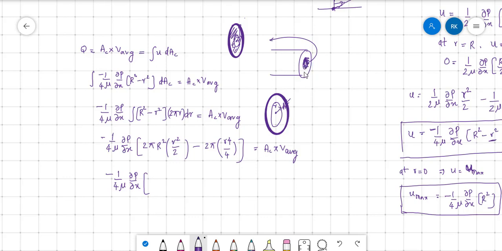From center to wall. Center means r is equal to 0, and wall means r is equal to capital R. So 2 pi into capital R square by 2 minus 2 pi into capital R power 4 by 4. If you put 0, the total value will be 0. So Ac into V average.